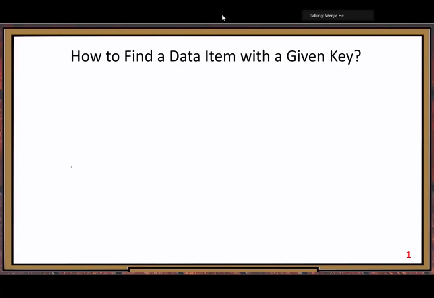The hashing technique is used to solve a search problem. You have a given key, and your data is stored in an array. So now you want to use some fast way to find the given key. All right?